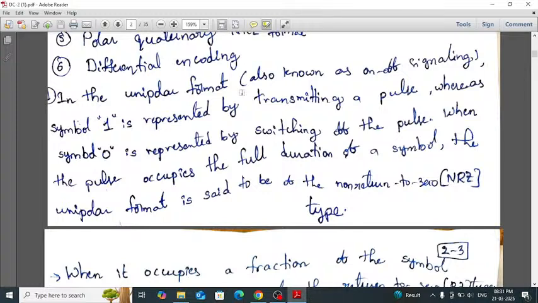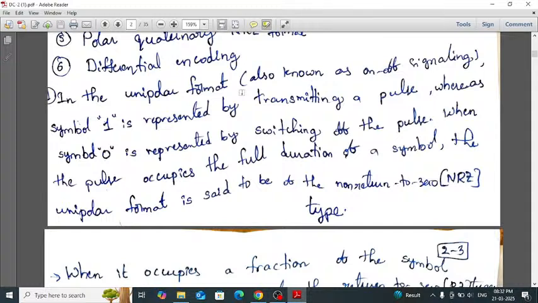That's why the name is unipolar. And why it is called the on-off signaling scheme: for 1 the pulse is on, for 0 there is no pulse. 1 is on, 0 is off. That's why this format is also called the on-off signaling scheme.